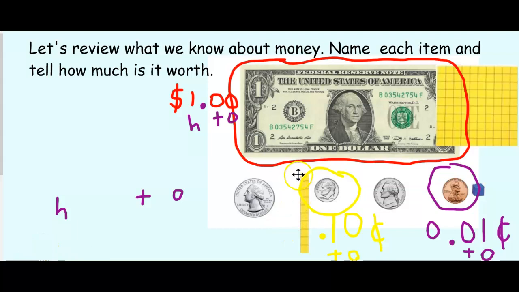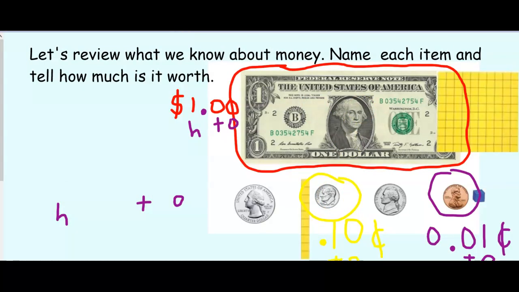Can you remember how many tens rods it takes to equal a hundredths square? That's right, 10 tens rods equals a hundredth square. So can you infer or guess how many dimes equals a dollar? That's right, 10 dimes equals $1.